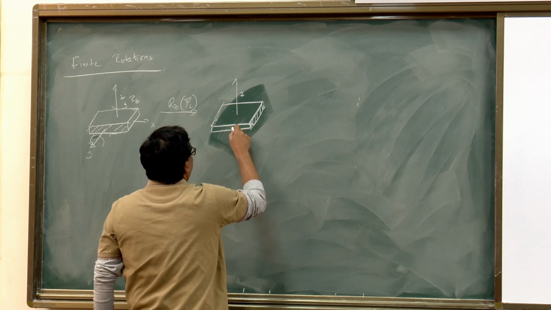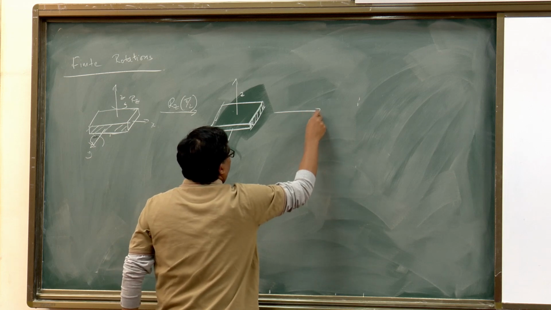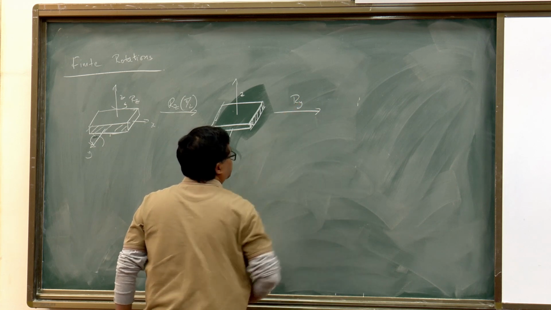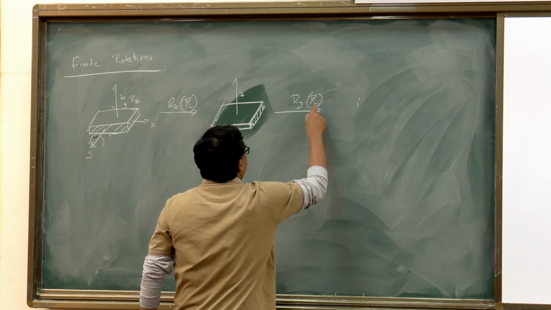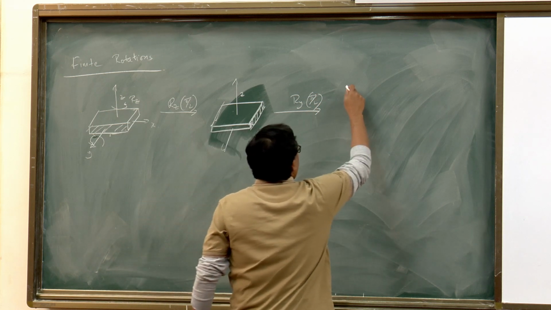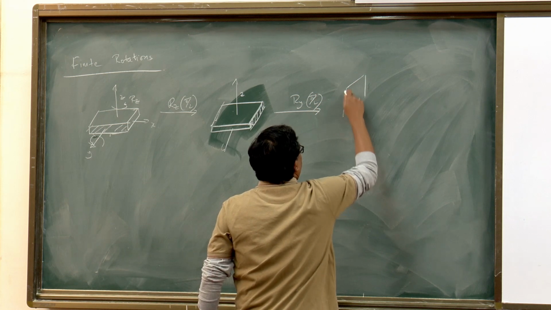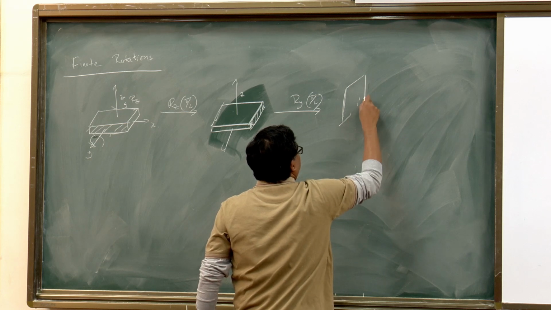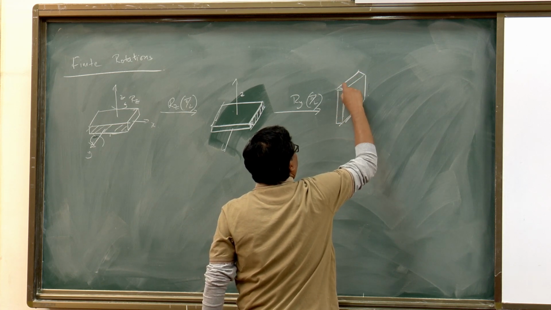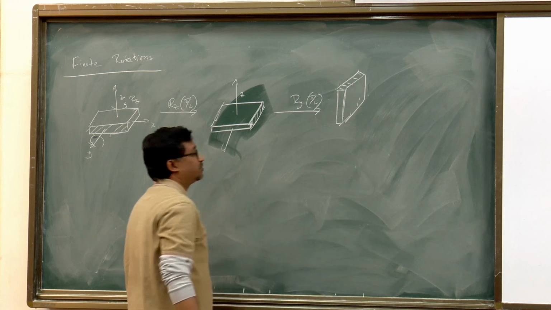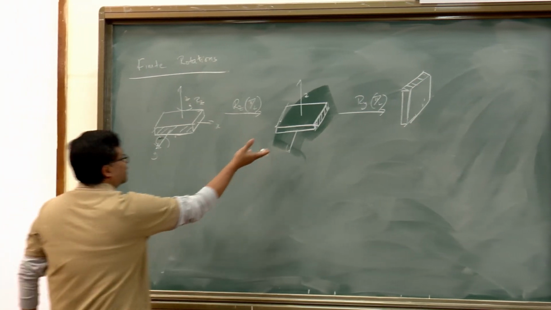And then we will rotate about the y axis by 90 degrees. So my shaded area has now moved to the top. Right, like this.